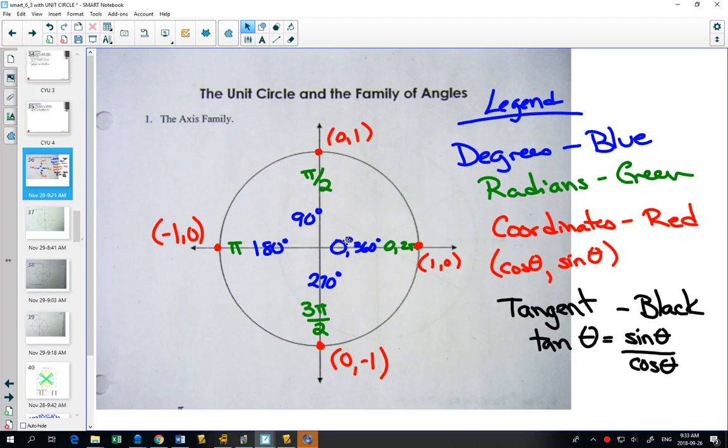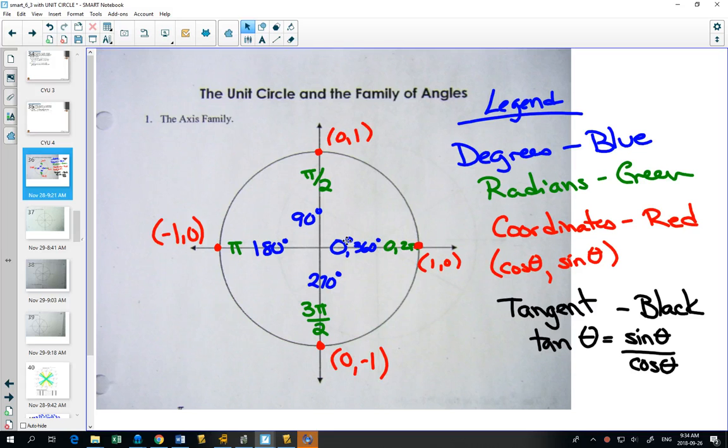What would be cos of 5 pi over 2? Arian. Again, I'm amping it up a little bit because 5 pi over 2 isn't listed on there. I want to find cos of 5 pi over 2. 0.